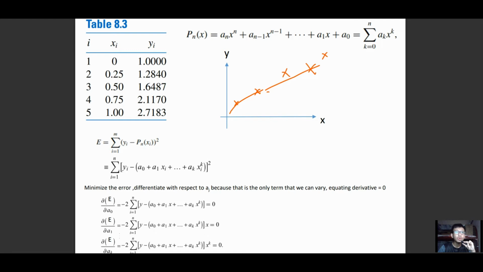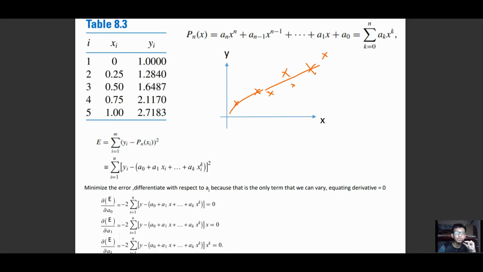Yi minus this might result in a negative value, because let's say like this. So this one, the value of y, the point is below our polynomial, so this value is greater than this, so it will produce a negative value.